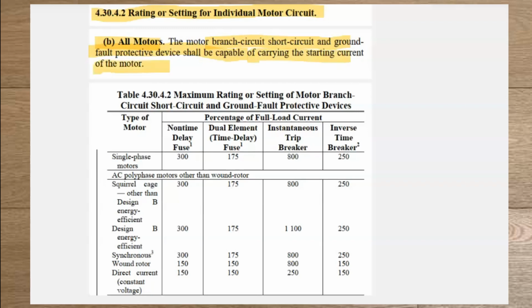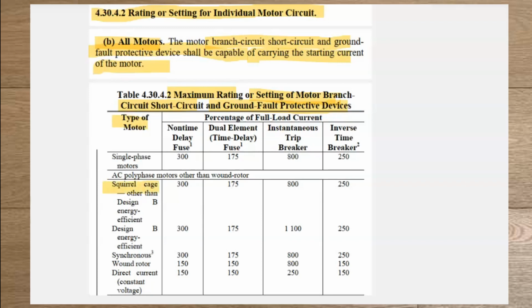So we have a table. This is the maximum rating or setting of motor branch circuit, short circuit and ground fault protective devices. The first column is the type of motors, and what we're using is squirrel cage.